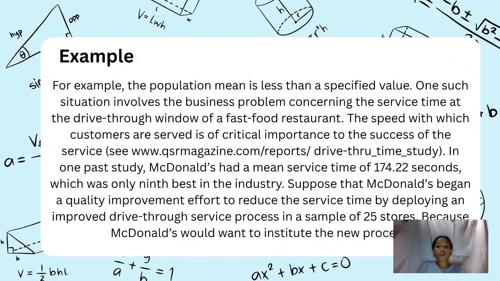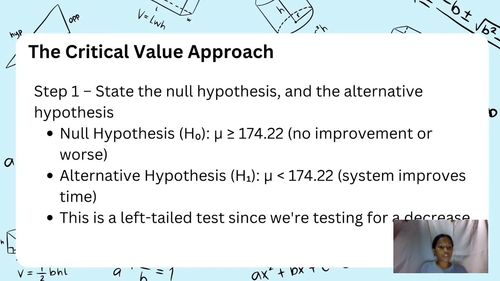McDonald's would want to institute the new process. So in using the critical value approach, you wish to determine whether the new drive-thru process has a mean that is less than 174.22 seconds, to perform this one-tailed hypothesis test.